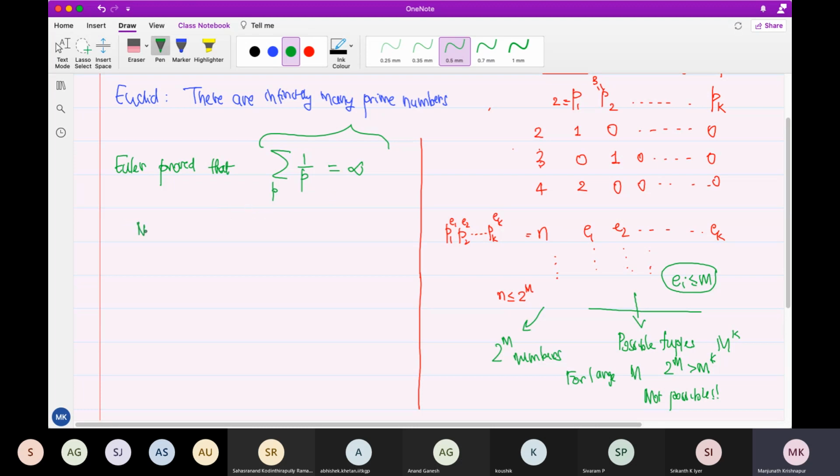So note that for any alpha bigger than 1, the sum over primes of 1 over p to the power alpha is bounded by the sum over all integers of 1 over n to the power alpha, because primes only form a subset, so that is finite.